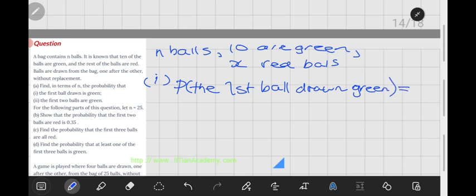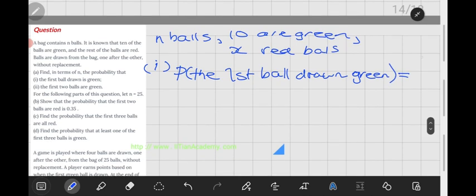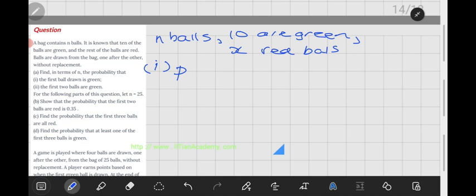Then in terms of n, we know that there are 10 green balls and n total balls. So that is our probability in terms of n. And I'm going to rewrite this as P1 is equal to 10 over n, just to save room.